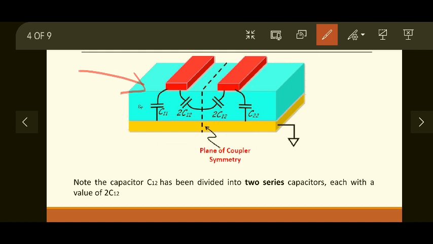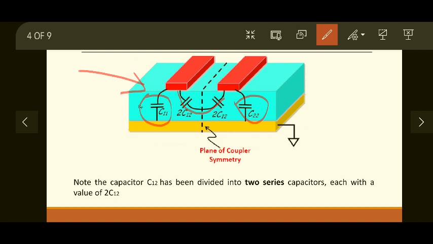So in that case, what happens? The strip conductors are denoted by C11 and C22, and they are coupling the energy via capacitor C12. But because of symmetry, we can divide these two parts into separate areas, and capacitor C12 will be divided into half.